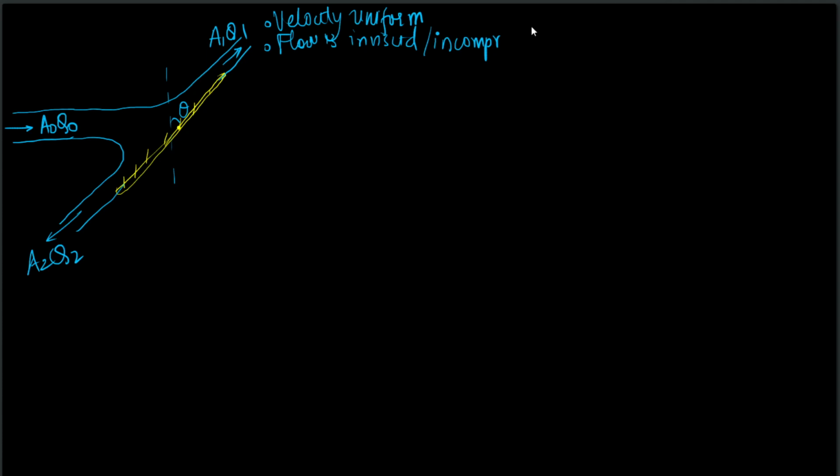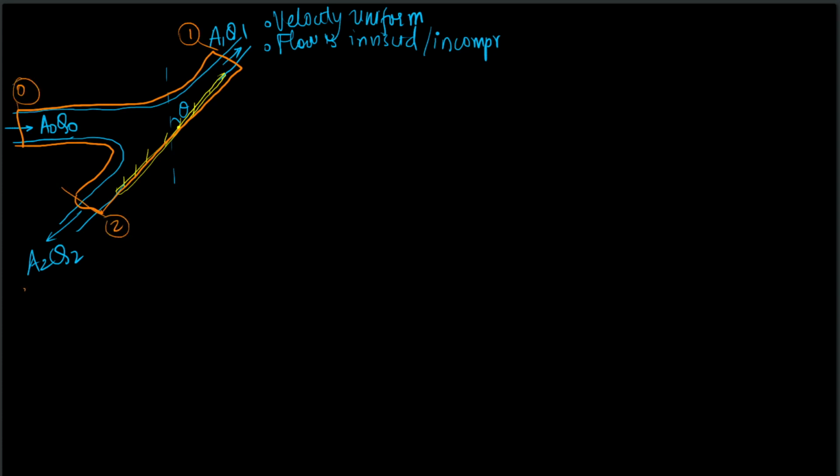So first things first, the control volume, let us choose the control volume as shown. So at level 0 fluid enters, at level 1 fluid exits, at level 2 also fluid exits.